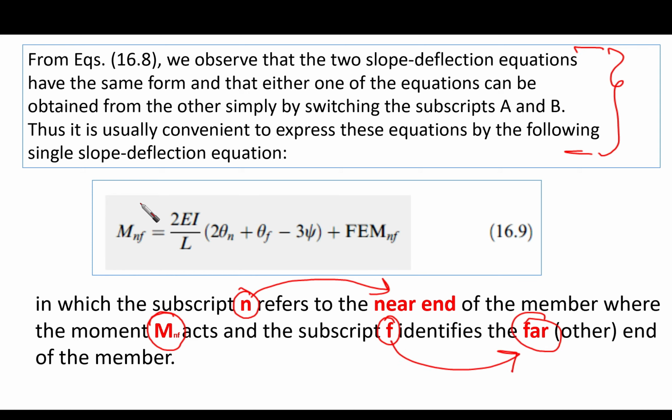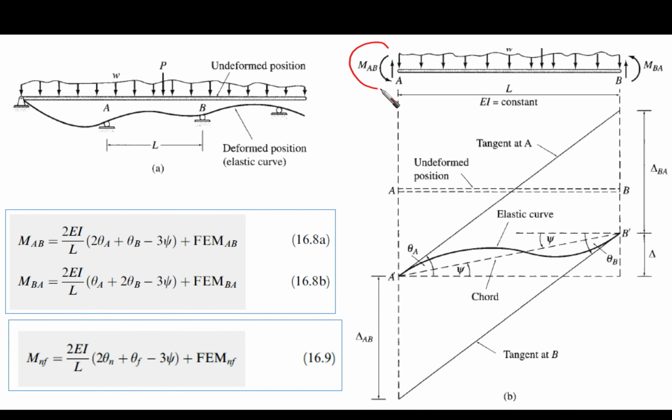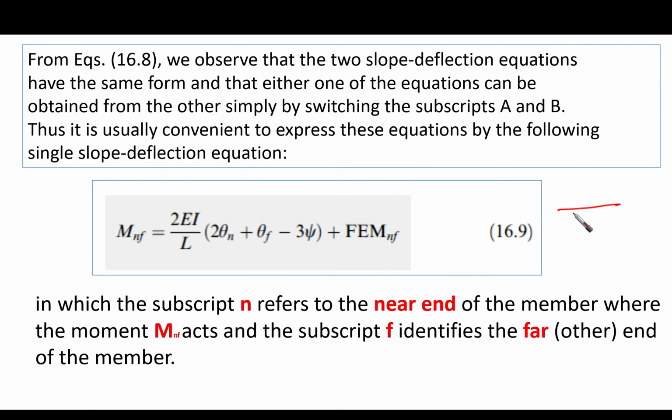So this one is applicable to any equation. If I'm talking about this moment, then near is A, far is B. If I'm talking about this point, then B is near, A is far. Then you can apply this equation directly. Remember well, this equation is very important.